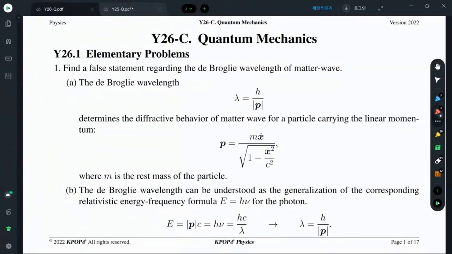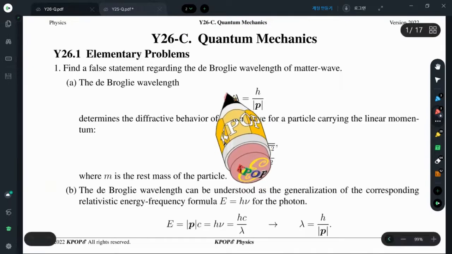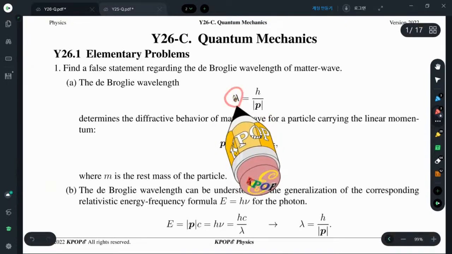According to relativity and a series of experiments, including the photoelectric effect and Compton scattering, de Broglie introduced the idea of the wavelength of a matter wave, such as elementary particles like electrons.